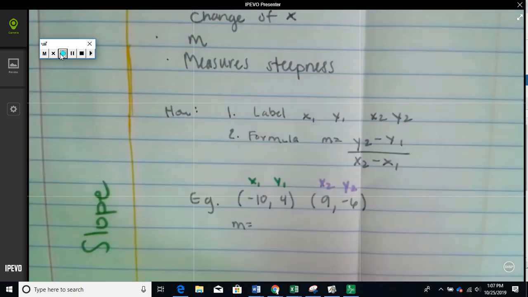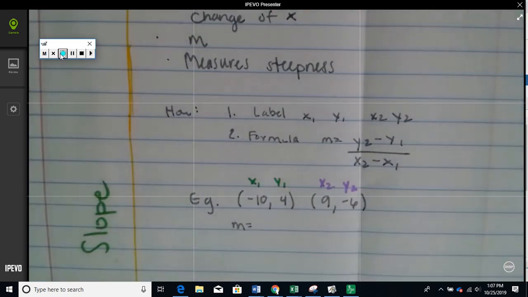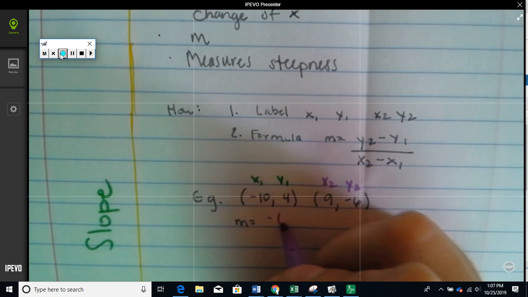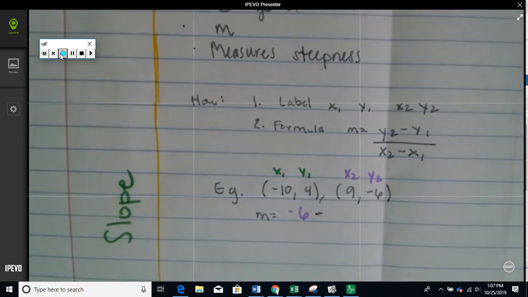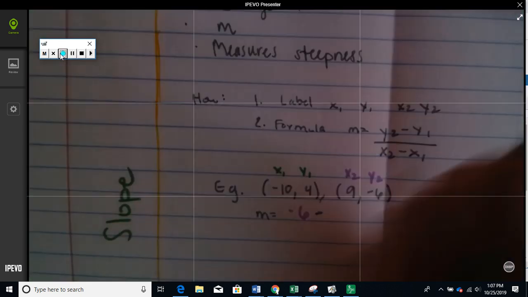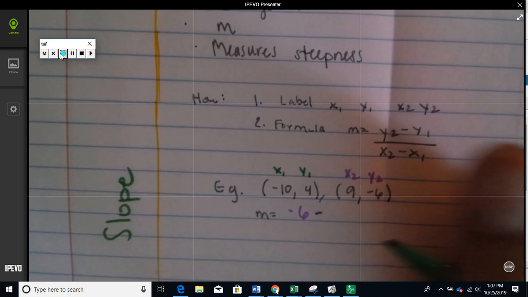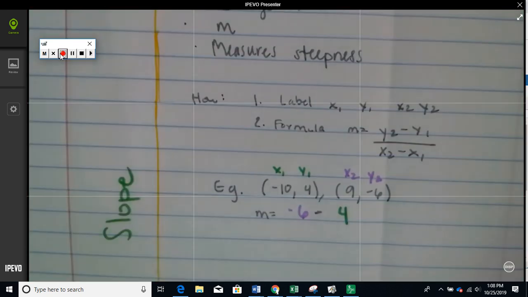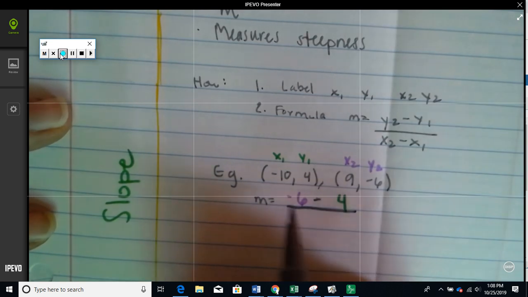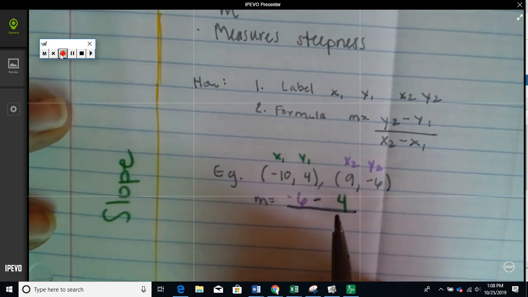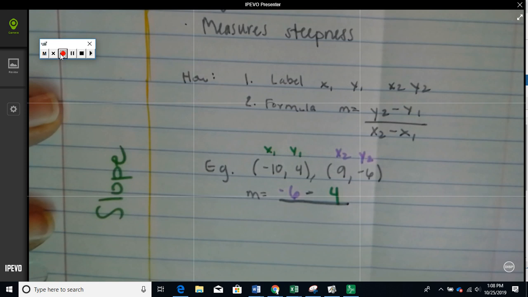So your formula is y2. y2 is negative 6 minus, notice we're doing, minus y1. y1 is 4. Oh no, I just messed up my whole paper. Minus 4 over, so it's 2, the y is changing, and we're seeing how much the y's are changing by, over how much the x are changing by.